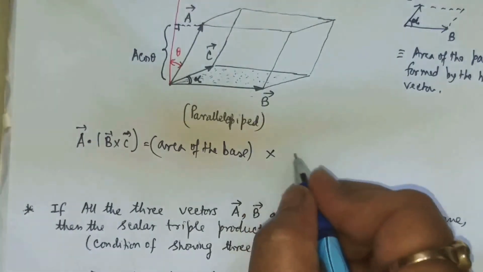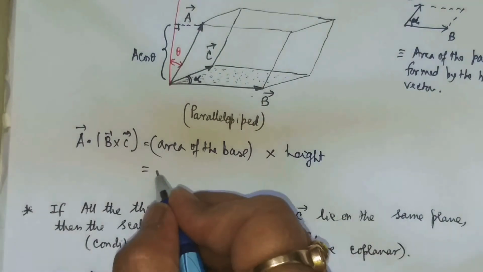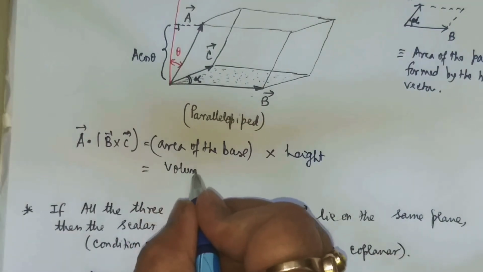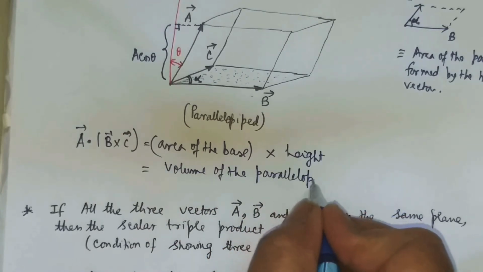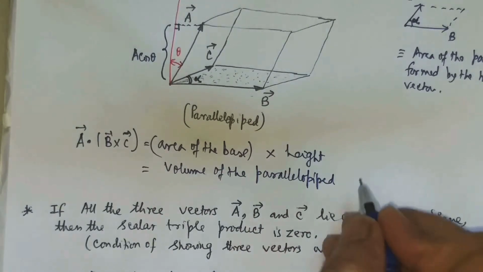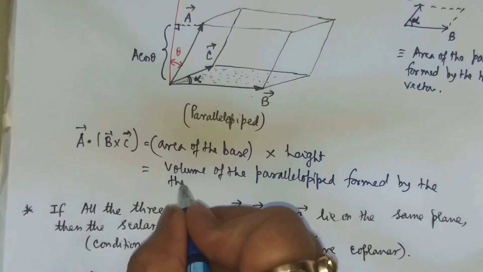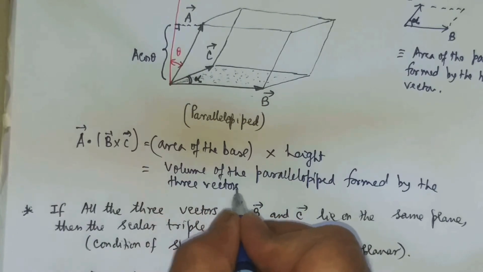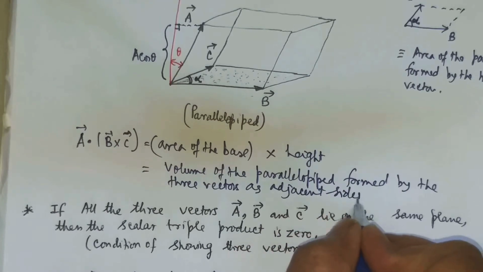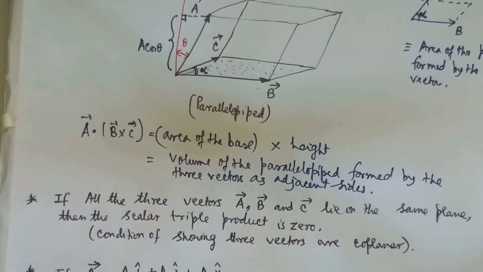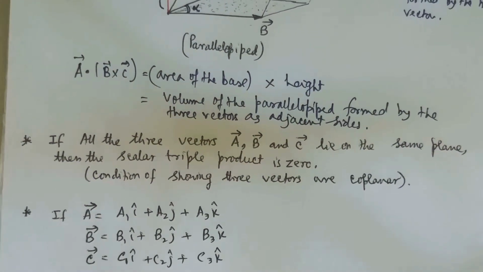So area of the base multiplied by height gives you the volume of the parallelepiped. Which parallelepiped? Which is formed by the three vectors as adjacent sides.